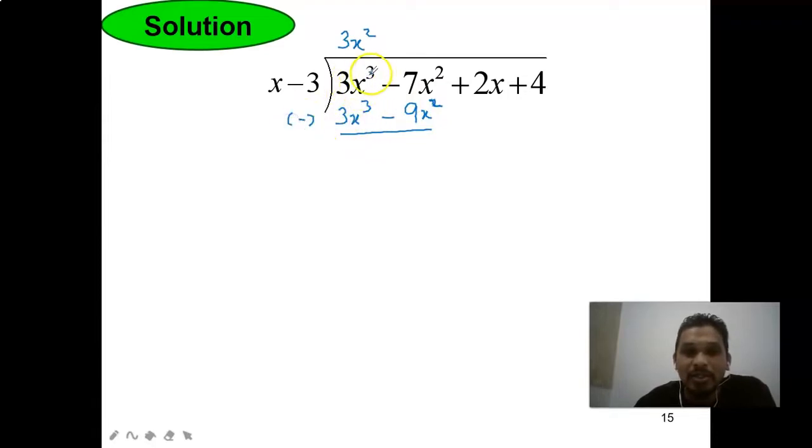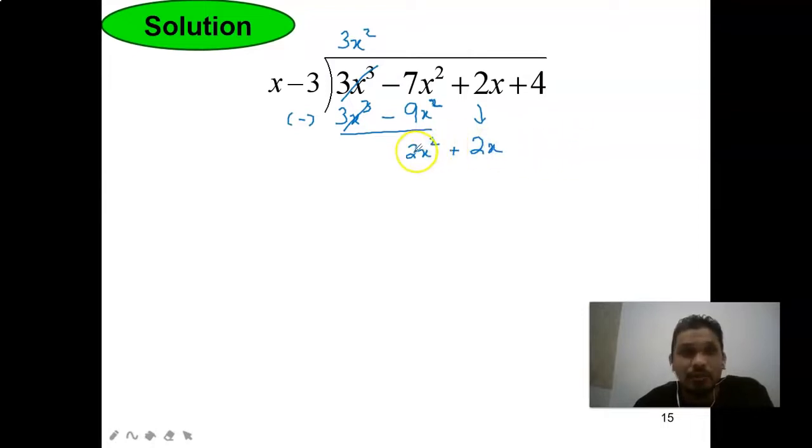So 3x cubed minus 3x cubed, 0. Negative times negative becomes positive. So then negative 7x squared plus 9x squared equal to 2x squared. Then bring down 2x, plus 2x.